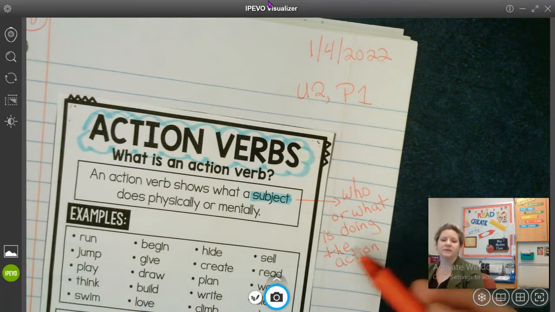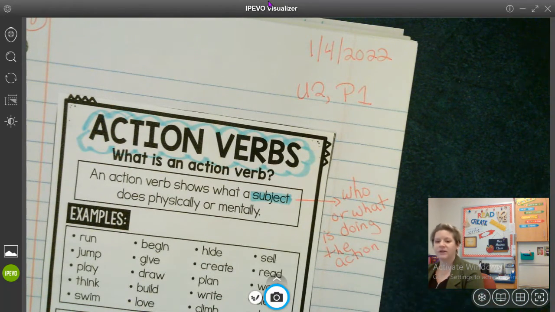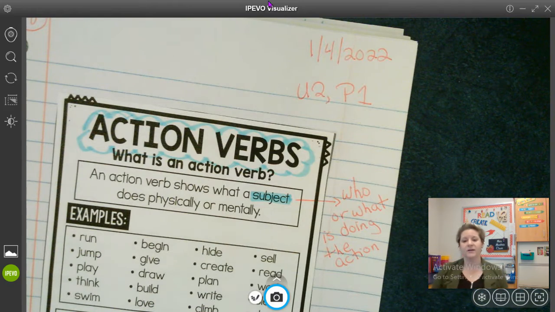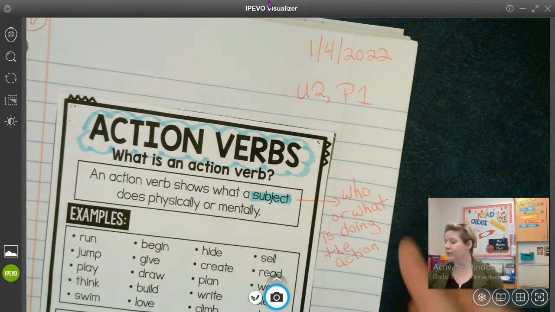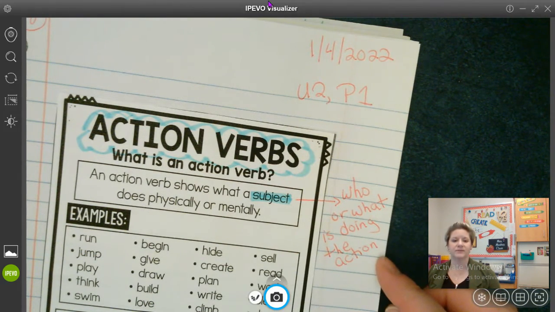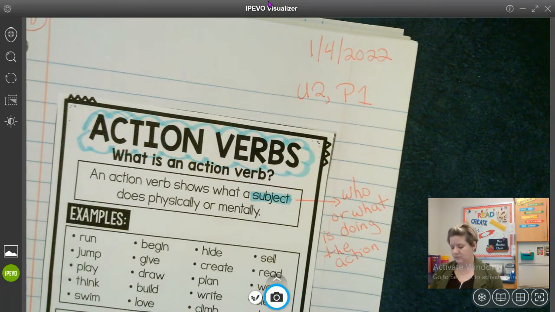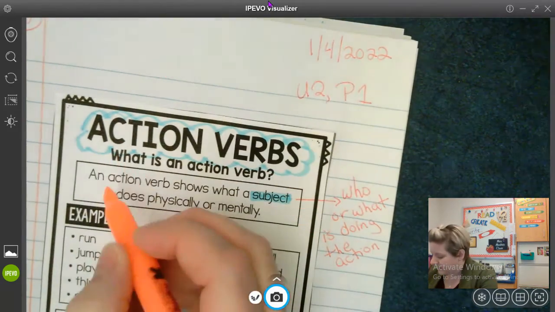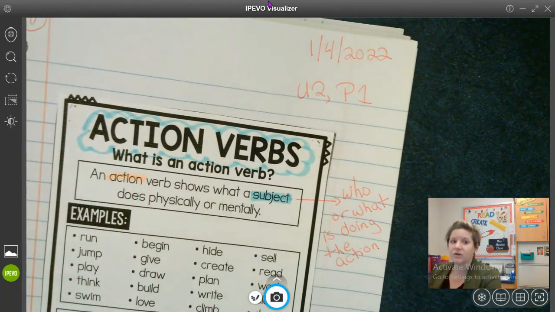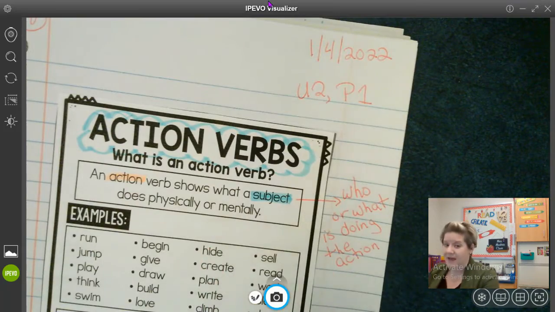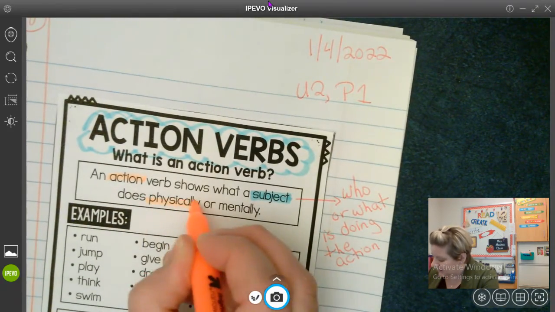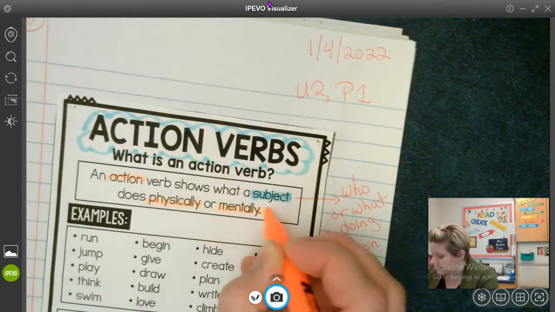Who are we talking about in a sentence? Are we talking about a dog? Are we talking about a cat? Are we talking about a person? Who or what is doing the action? And I also want to make sure that I know that the action verb, I'm going to highlight action because that's kind of a clue word for us. It's an action, and it can be done physically or mentally.